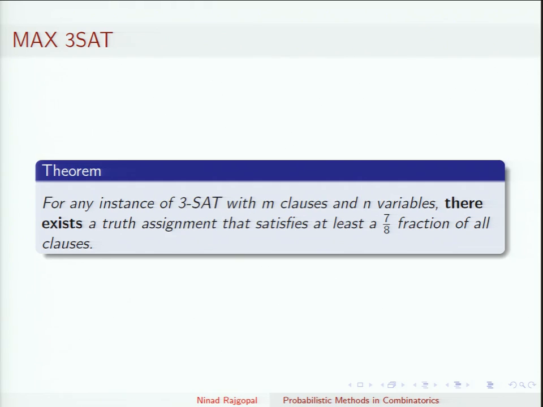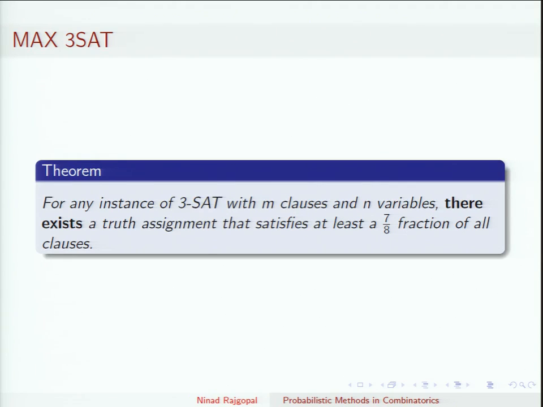So what we can do is give a random assignment to the variables. What do I mean by a random assignment? I just set it to 0 or 1 by a coin toss. I toss a coin. If it is head, I set it to 1. If it is tail, I set it to 0, and it's a fair coin.